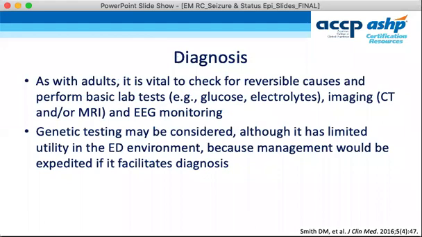From a diagnostic perspective, it's vital to check for reversible causes, so getting labs, imaging, and EEG monitoring, depending on institutional capabilities. Genetic testing may be considered, although it can have limited utility in the ED because results may take a while to return, but it's not wrong to get that process started as it can help expedite diagnosis.